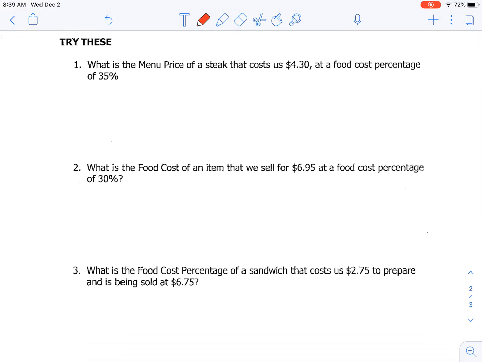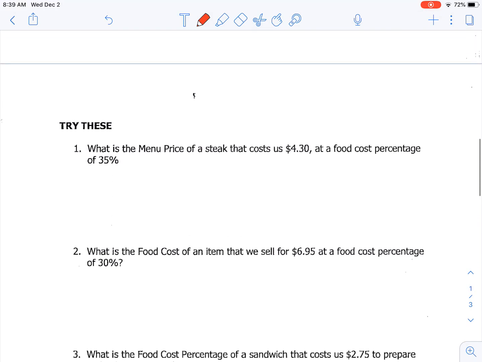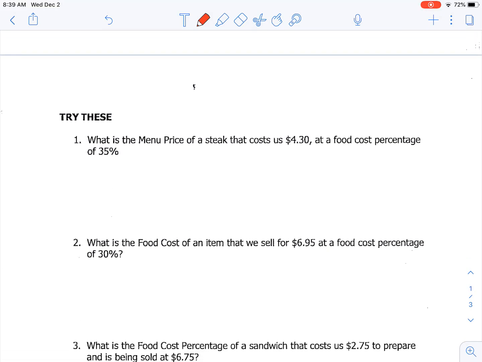So if we flip the page, let's go through a couple of these. And I'm hoping you guys are working through these a little bit on your own while I'm discussing them here. What is the menu price? The menu price is the part we don't know. Of a steak that costs us $4.30 to make it.